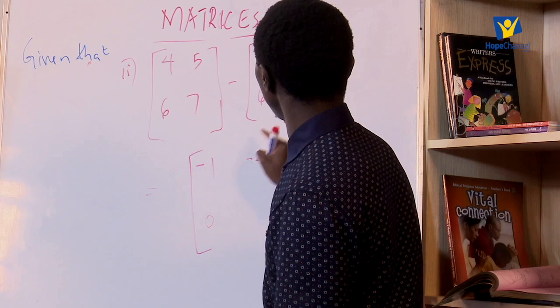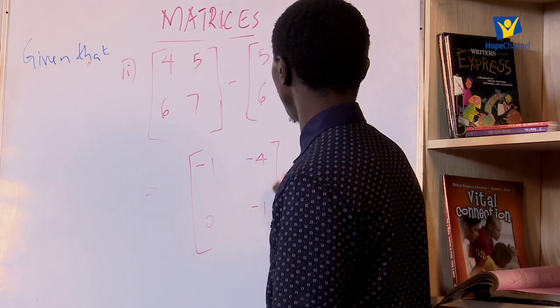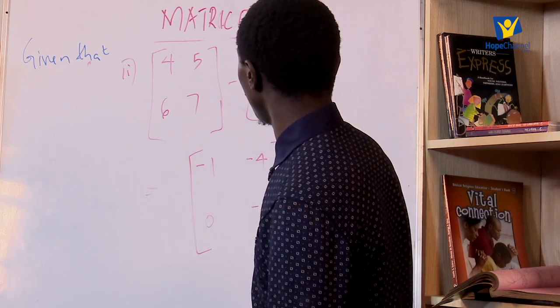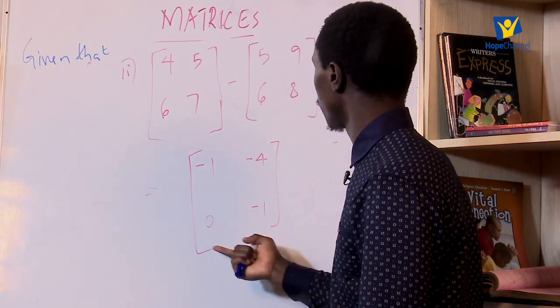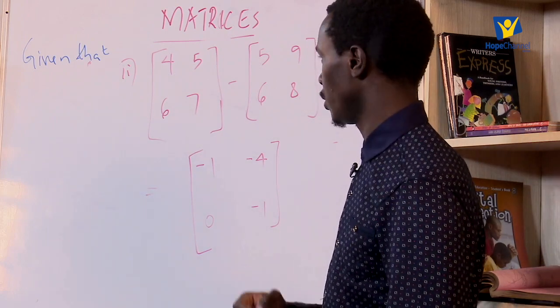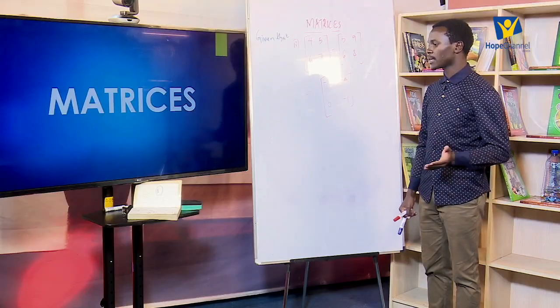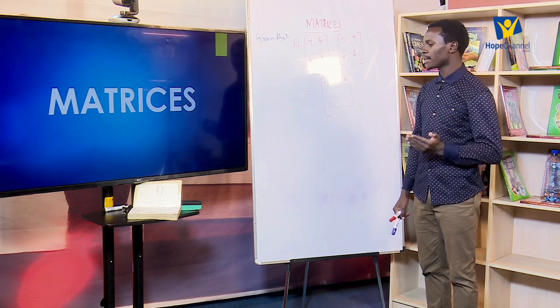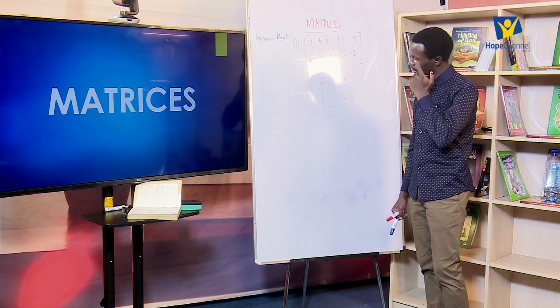Then 7 minus 8, which is negative 1. So the solution for A minus B is negative 1, negative 4, 0, negative 1. So that gives us the answer for that subtraction. So be sure to subtract or add only when the matrices have the same order. Otherwise, you cannot add or subtract.